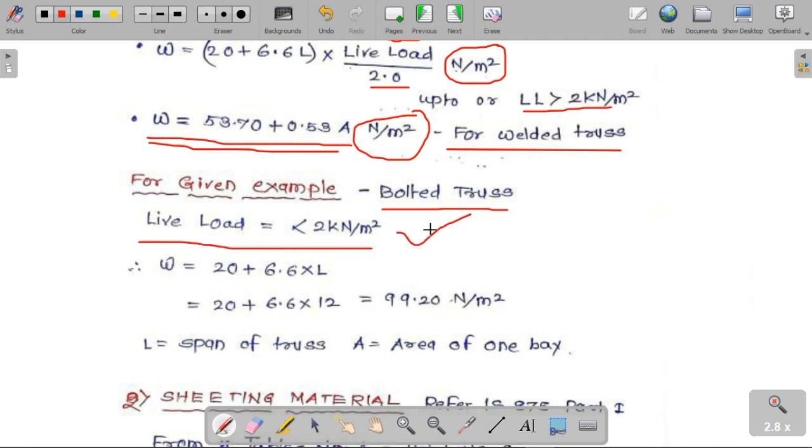This is an assumption that we are making, because generally for the industrial shed, the maximum live load that you can expect is 1.5 kilonewton per meter square. So you cannot expect more than this, even though the industrial shed is a flat kind of a truss. Considering this, we'll be considering the live load less than 2 kilonewton per meter square.